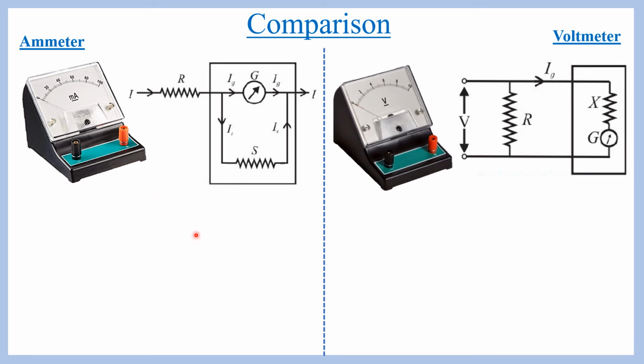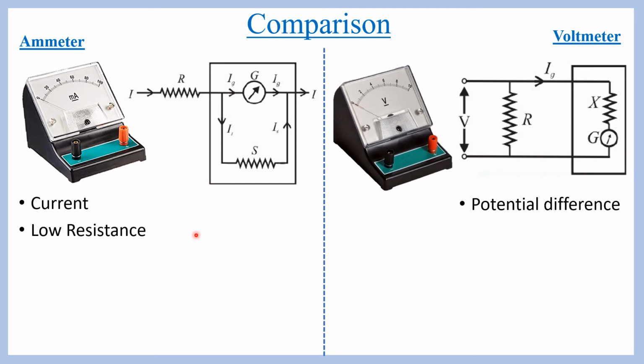First, what is the ammeter used for? Ammeter is used for measuring current. The corresponding point for the voltmeter is that a voltmeter measures potential difference. That is the first point.